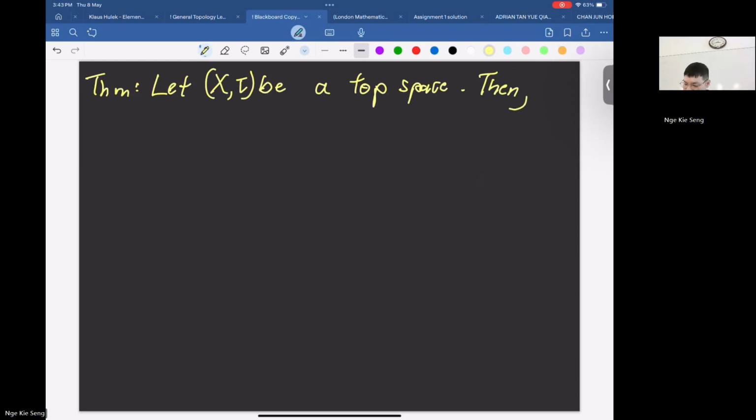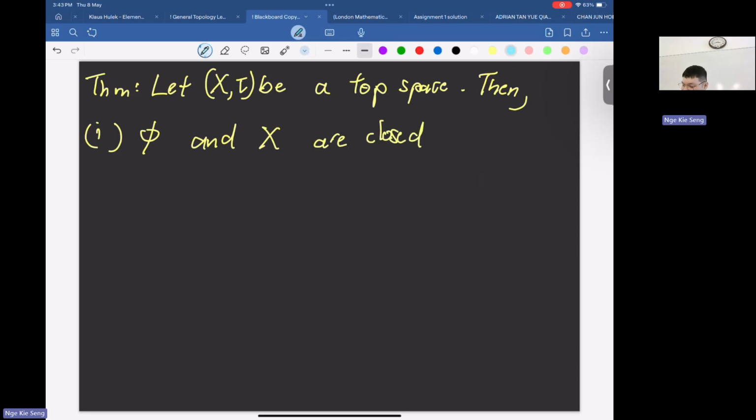Then we'll see that the empty set and X are closed. Why? Can you write them as the complement of something else? The empty set equals X take away what? Itself. But itself is open, right?